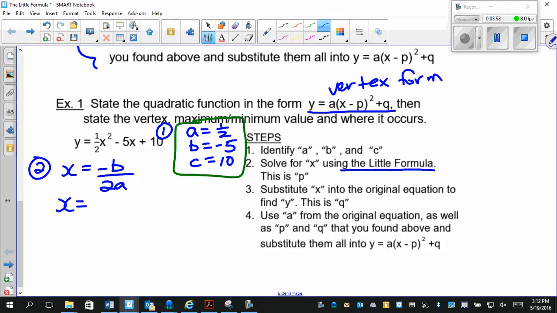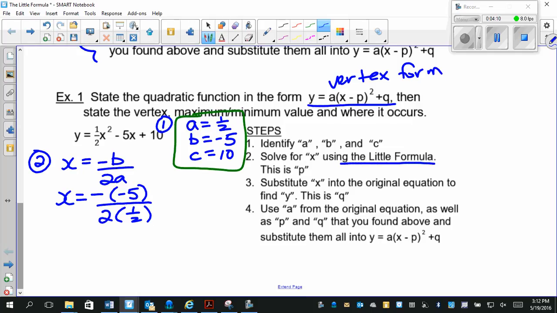And then on the bottom, I've got 2 times a, so 2 times 1/2. And so -5 is going to be +5. And 2 times 1/2 is equal to 1. So this gives me the x value in the vertex.